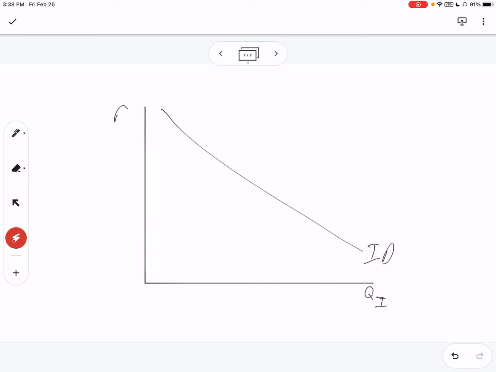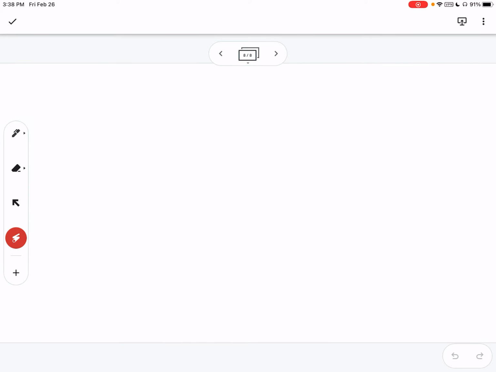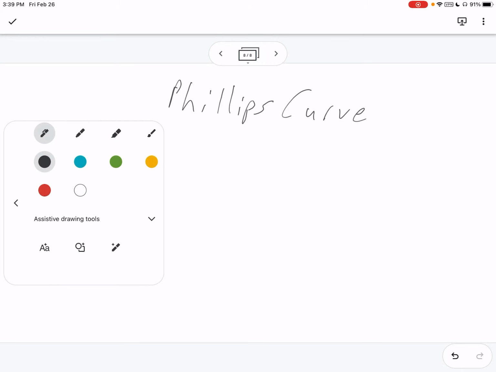Okay. Last graph I'm going to go over here for the moment, and there's more stuff that we have to worry about, but it's going to be a graph called the Phillips curve.